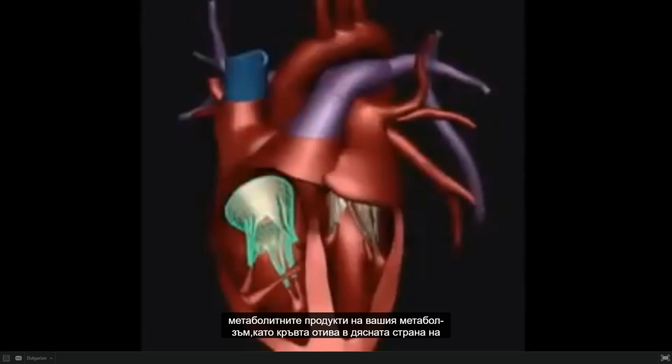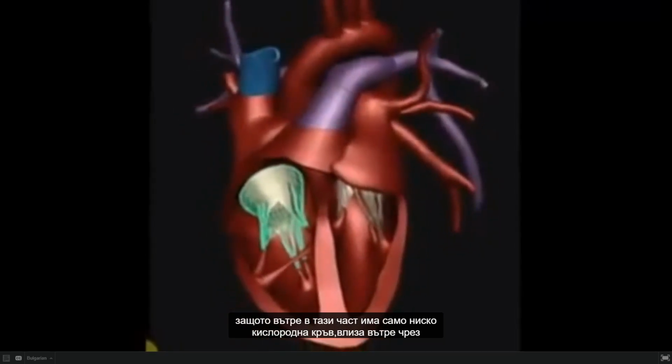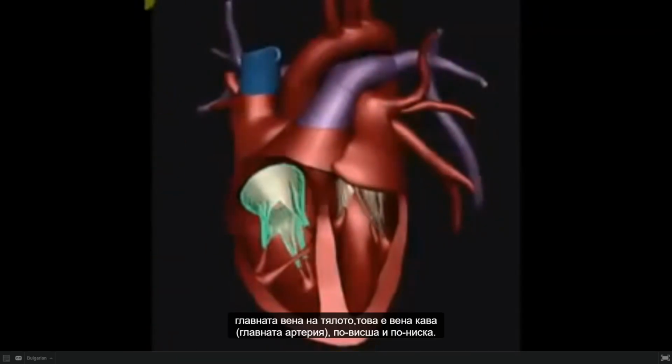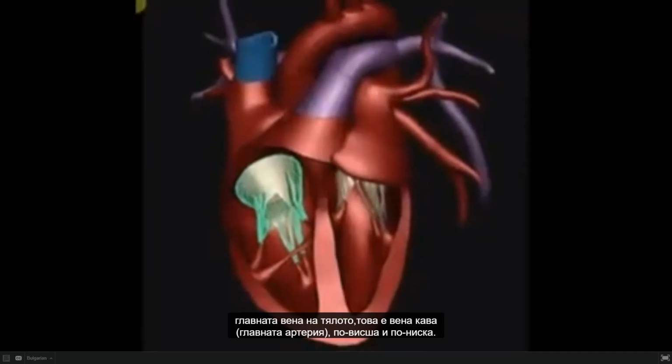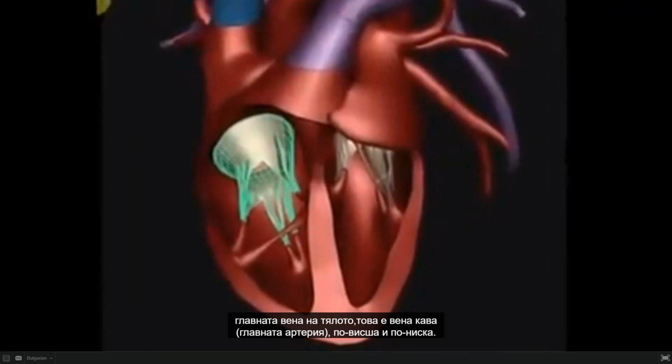That blood goes into the right side of your heart. Yes, this is picture 5. We call it the right side of your heart because inside of that part is only low-oxygenated blood, which comes from the main veins of your body, the vena cava, superior and inferior.